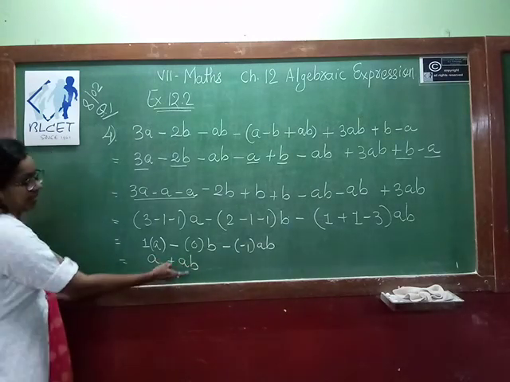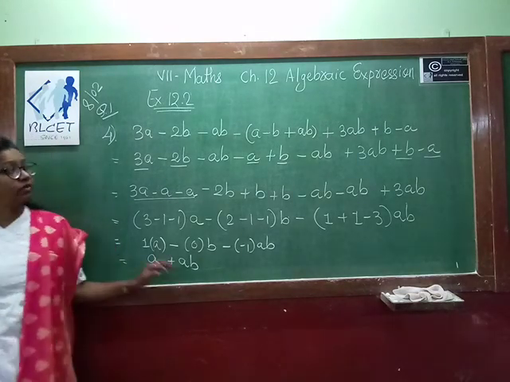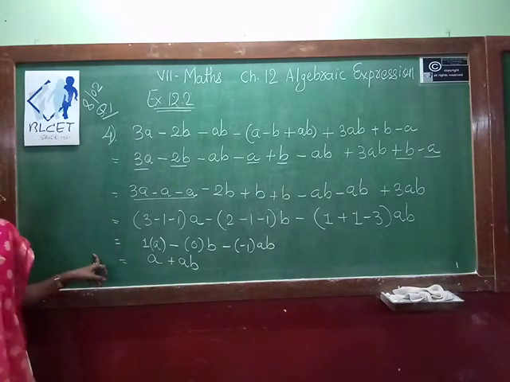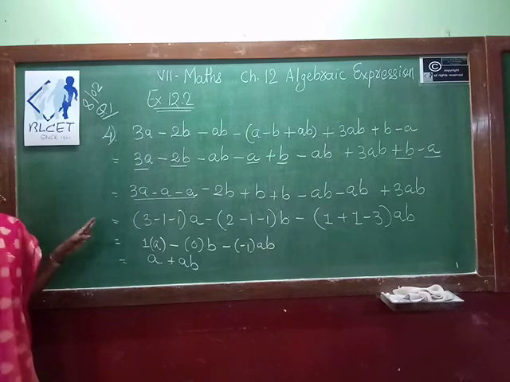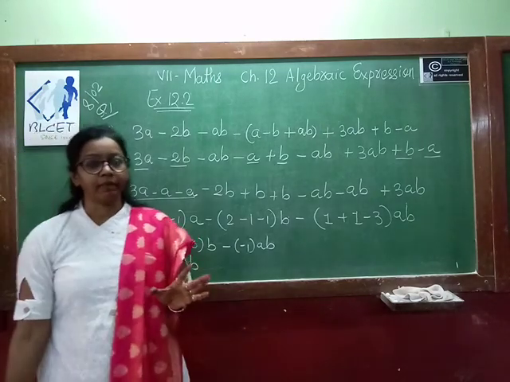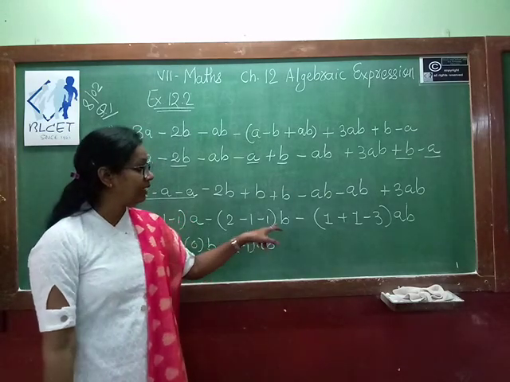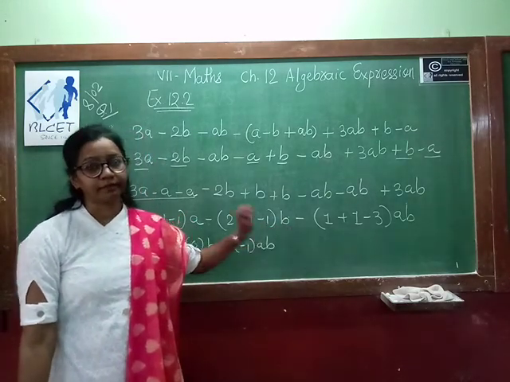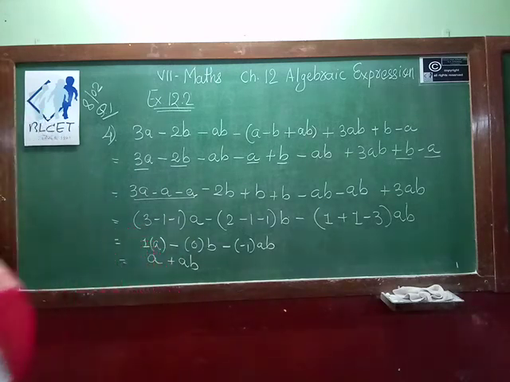So a plus ab is your answer. So this way we can solve the question. You have to keep in mind the negative sign whenever you open a bracket or make a bracket. So you have to be very careful about bracket making and bracket opening. So this is all about your question number 4.